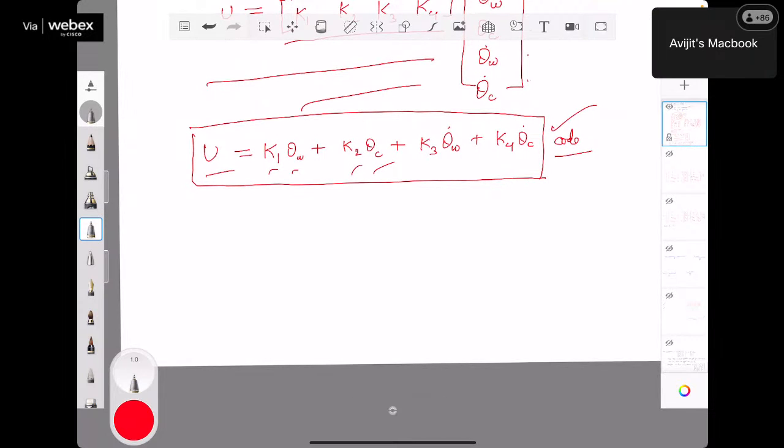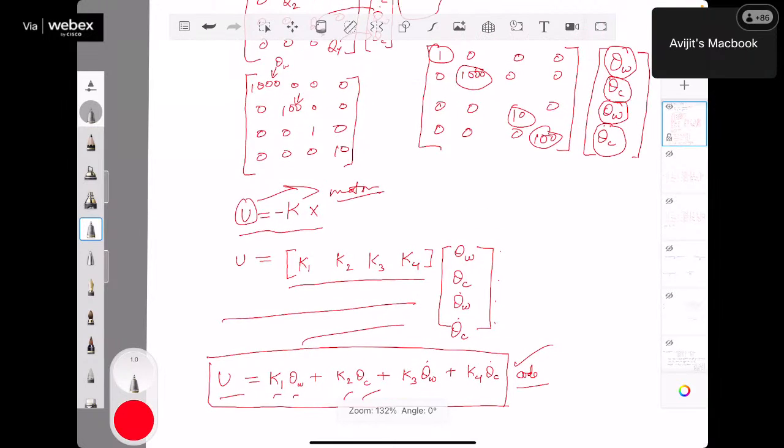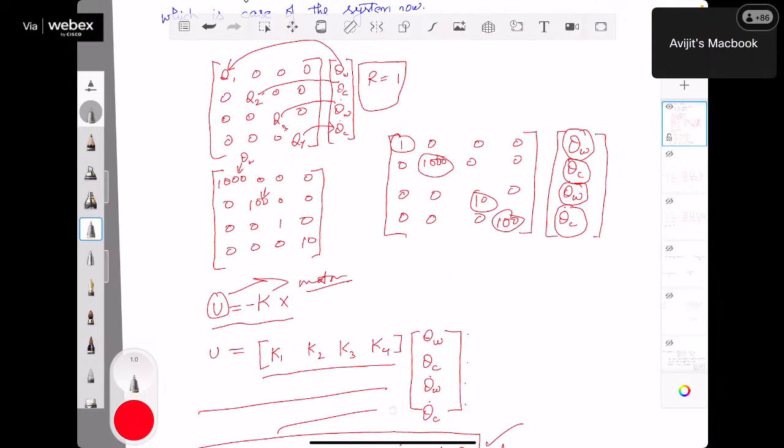Why do we want to implement an LQR controller? Because if you have ever tried to tune a PID controller, you must remember that if you change the KP gain, you will definitely have to do some tweaking in KD and KI also.